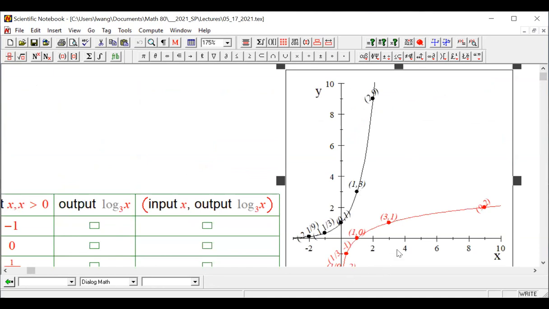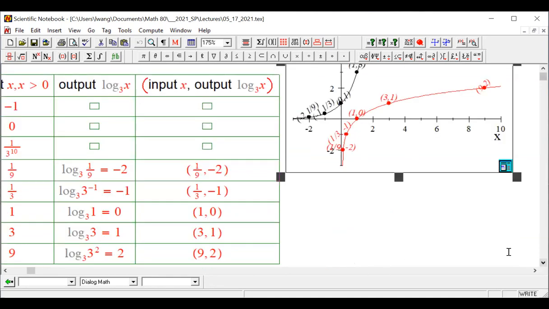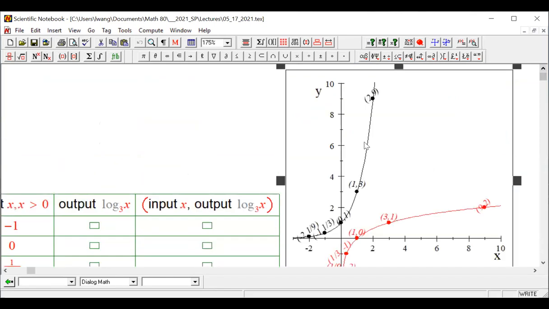Now, in both directions, if we look at the black curve, in the direction where we choose values toward negative infinity, you can see the black curve goes down and down and down, forever close to the x-axis, but never touching it.